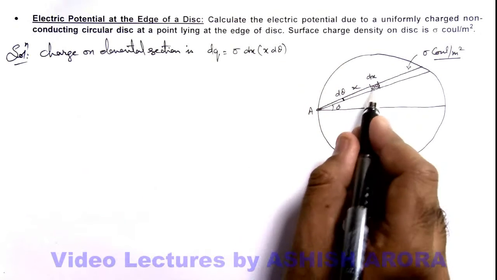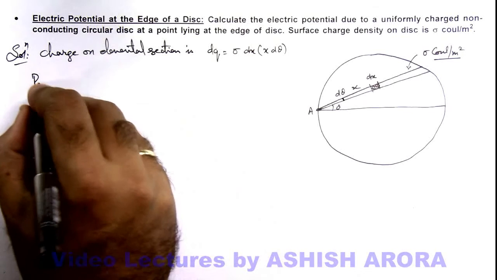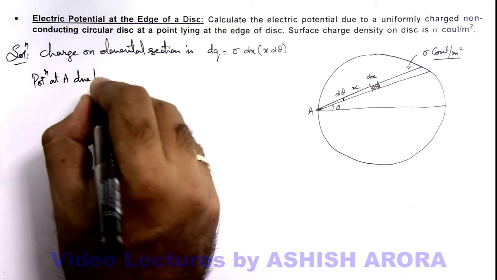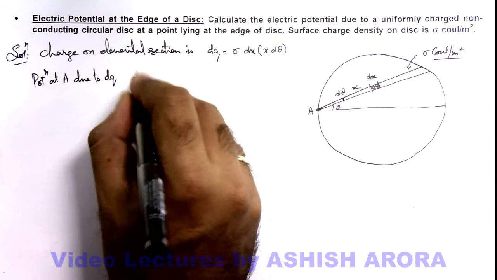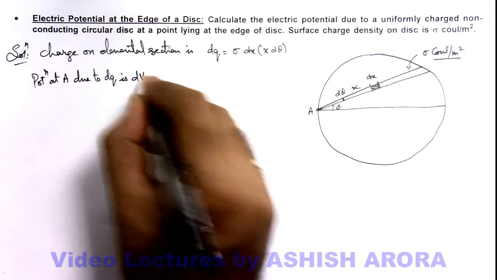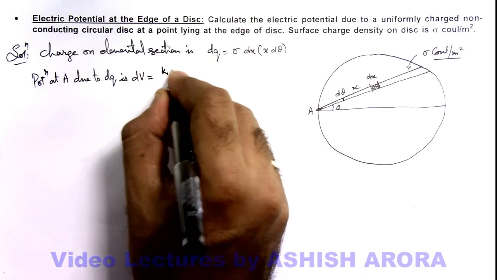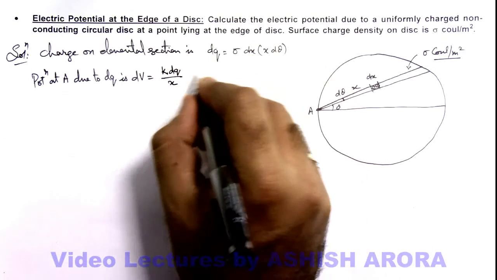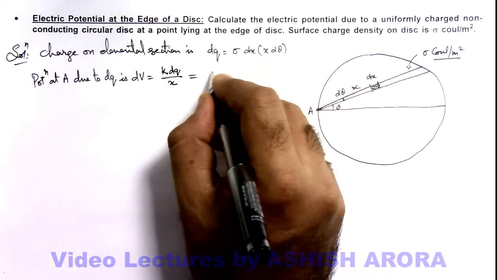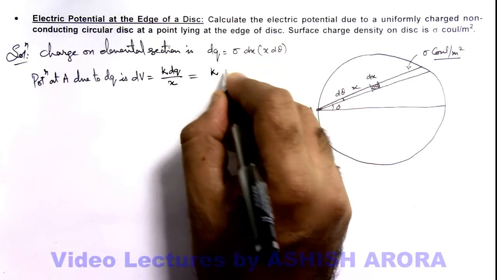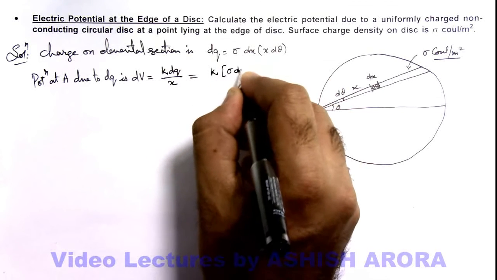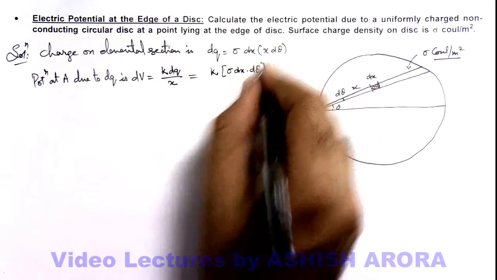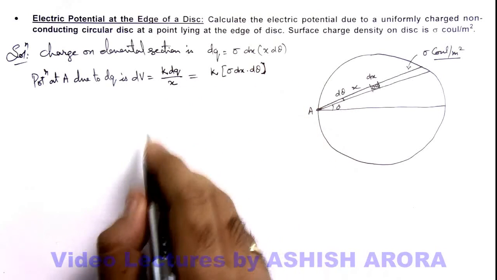Now the potential at A due to dq is dV, and this dV can be given as k dq by x. If we substitute the value of dq here, one x gets cancelled out in numerator and denominator, and this gives k sigma dx d theta.